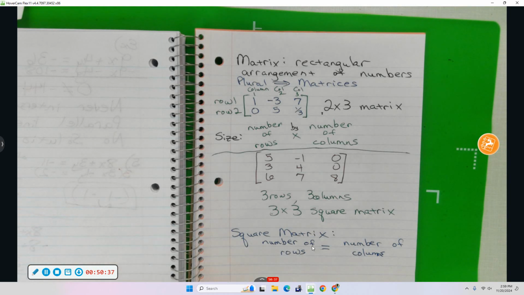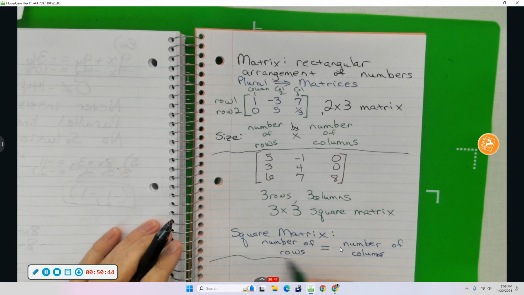There's another type of matrix called an augmented matrix.